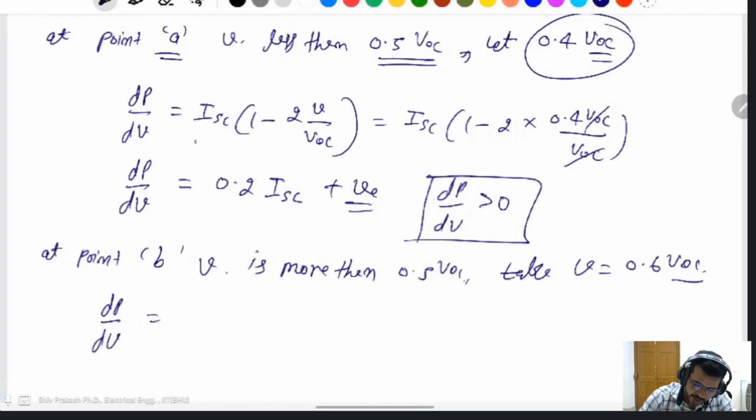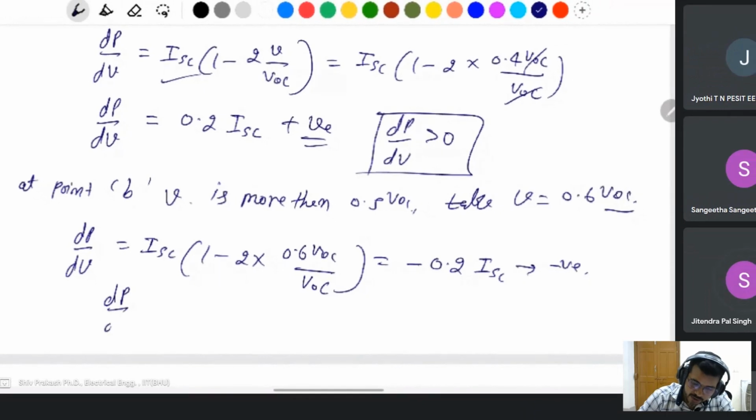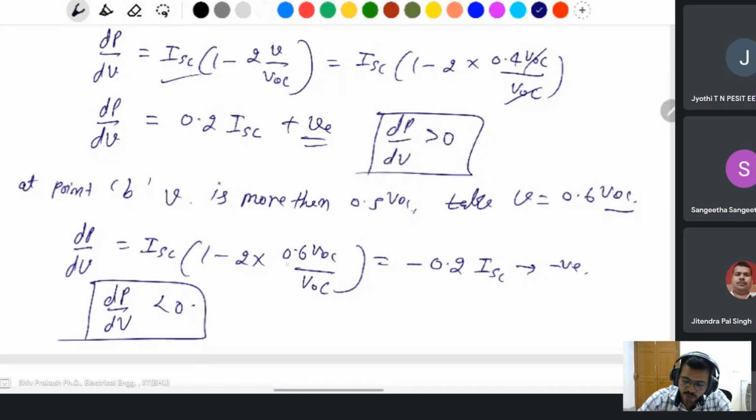Same applied here: ISC into 1 minus 2 into 0.6 VOC divided by VOC. VOC will be cancelled out. This will be minus 0.2 ISC, a negative value. 2 into 0.6 is 1.2, and 1 minus 1.2 is minus 0.2. So dP by dV will be negative, less than 0.